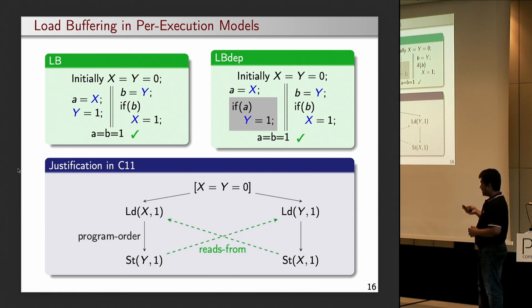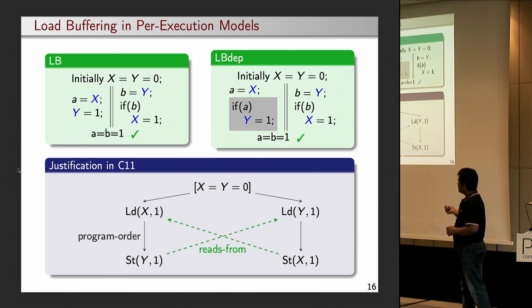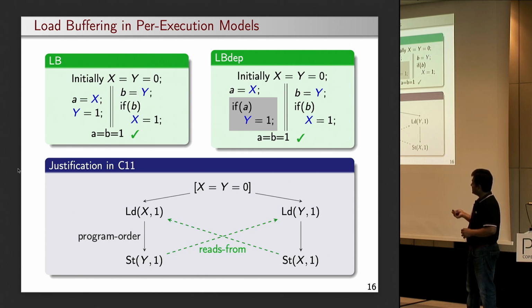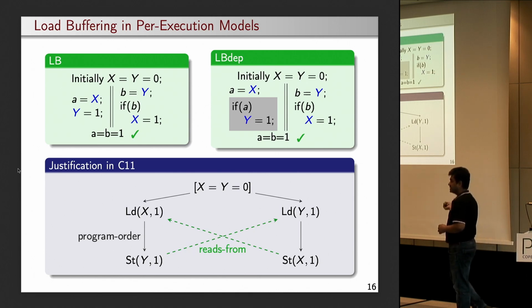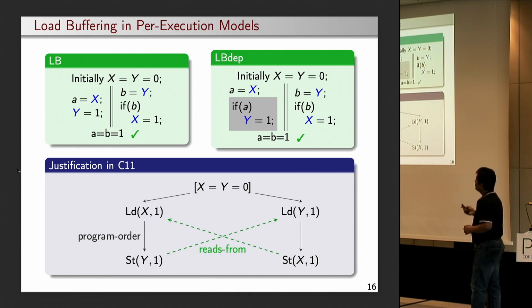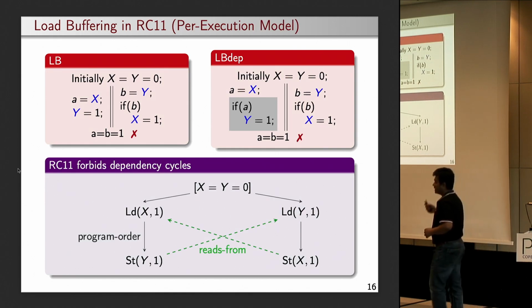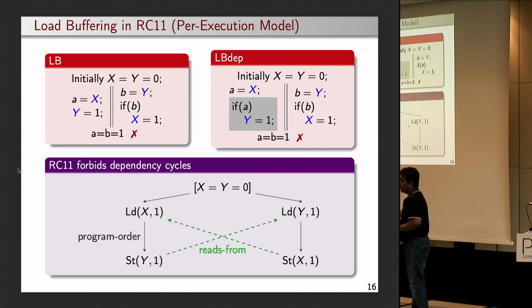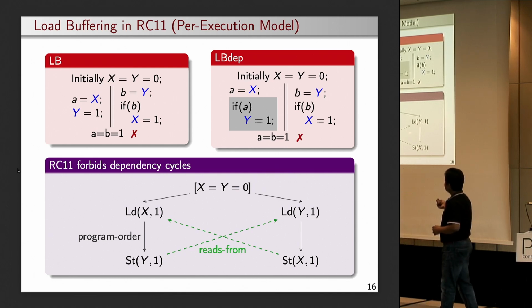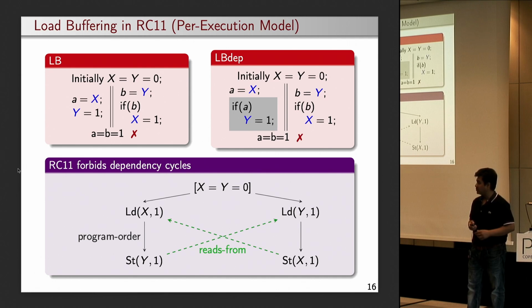Now, what people noticed is that these kinds of errors are happening because there is a cycle in this graph between the program order and reads-from edges, right? Now, there are some memory models like RC11, which said that such cycles are not allowed.